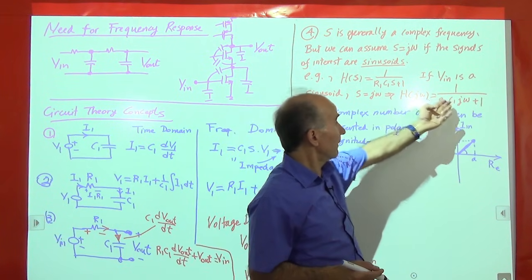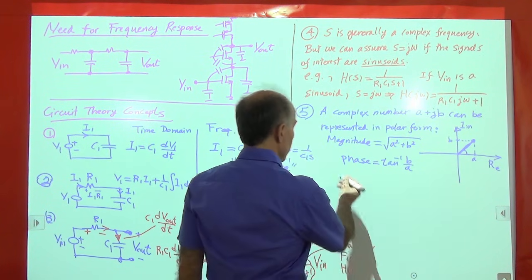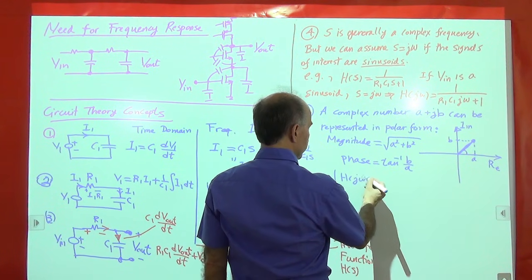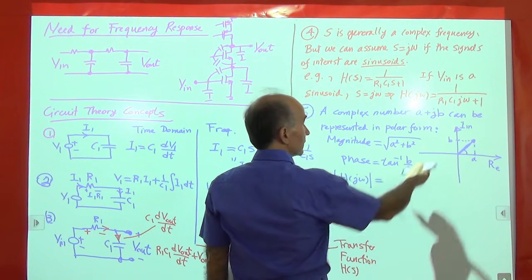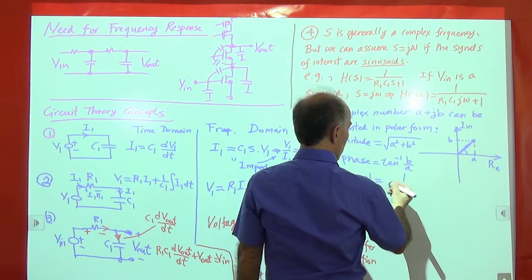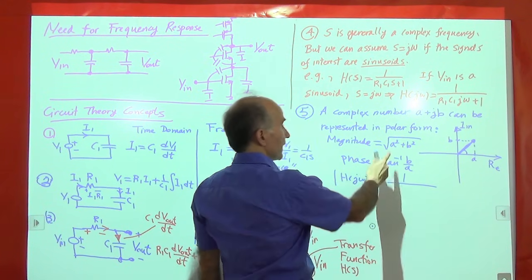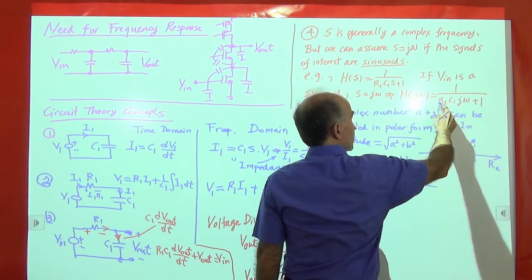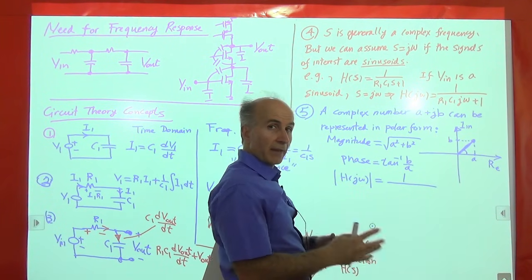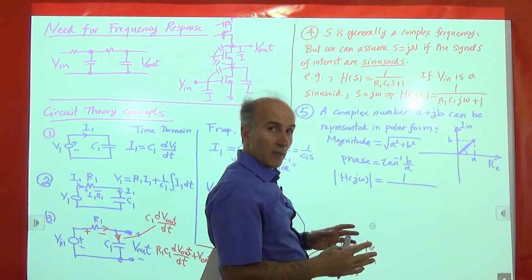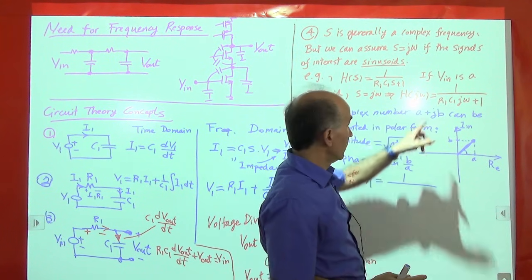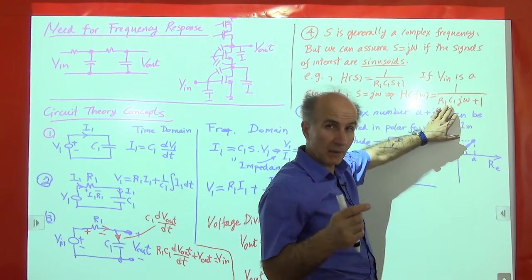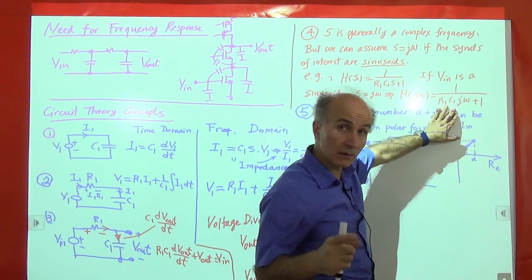So how do we calculate the magnitude of this? We see that the magnitude of H of j omega is equal to this guy. So it says, take the real part and square it. Take the imaginary part and square it. And then add them up and then take the square root. When you're taking the magnitude, you must remember that the imaginary part does not include j.